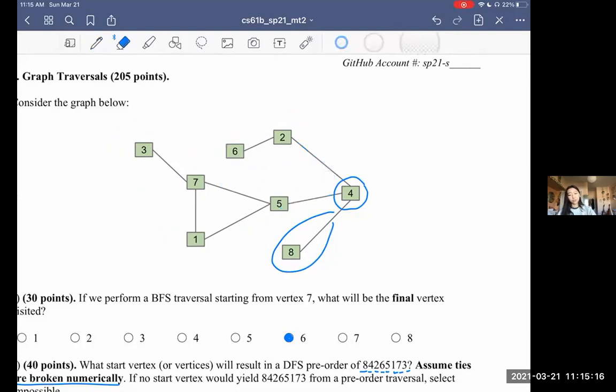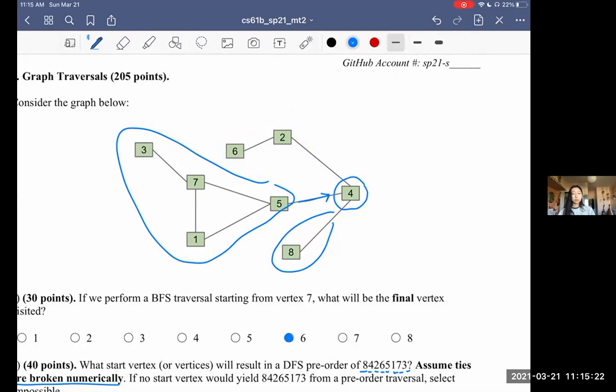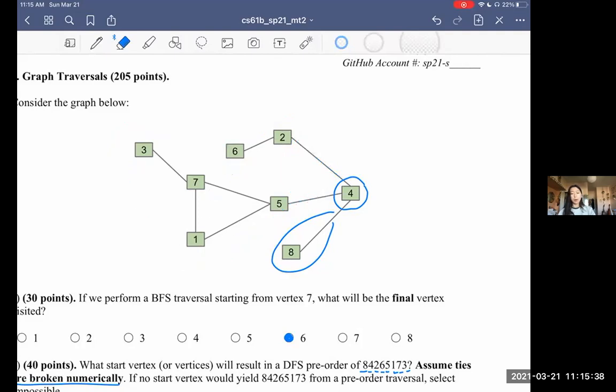Alternatively, let's say the start vertex was somewhere here, and so we had traversed in this direction. Well, then we couldn't have marked 4 until we had marked all of its children in this branch. And then 2 and 6 would have had to come before 4 in the order. And so we're realizing that this is not possible.